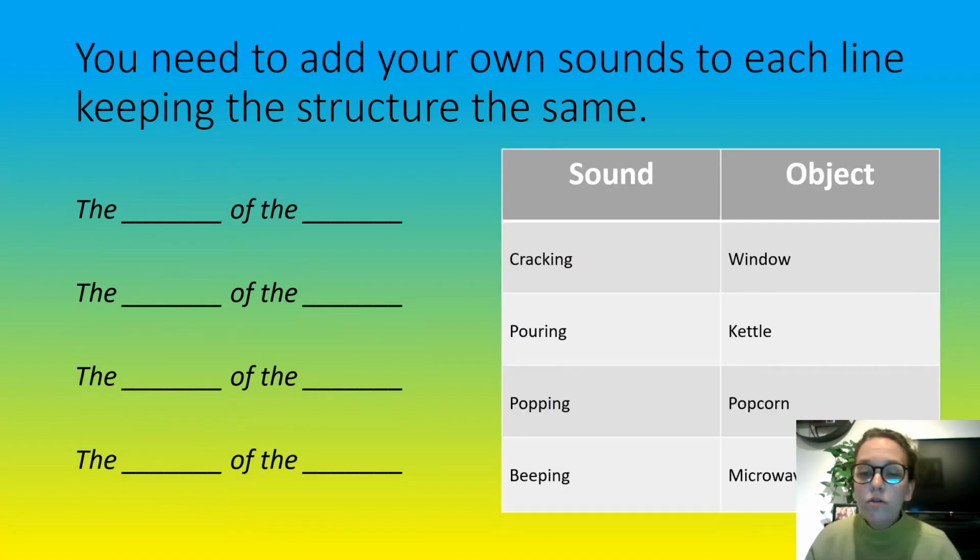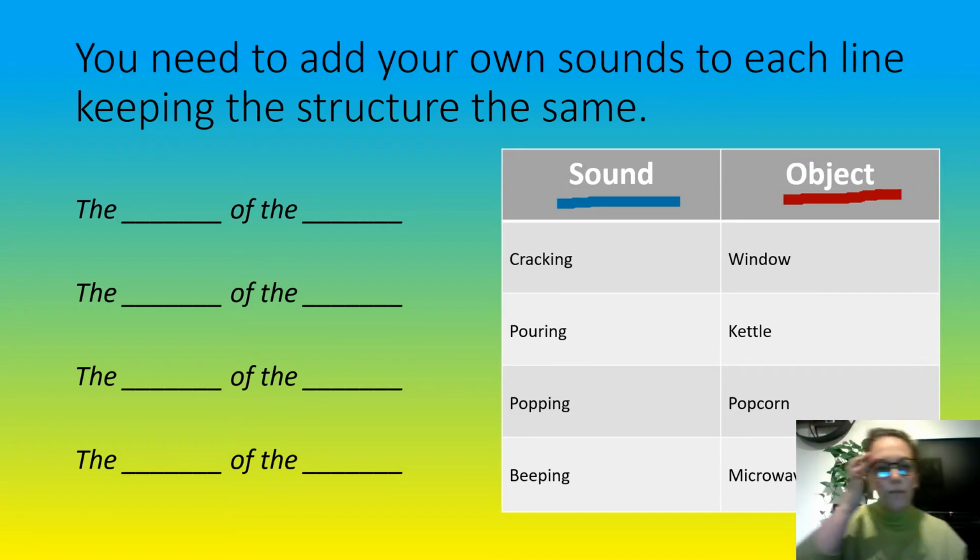So you need to have a look at the table you filled out yesterday. In this column here, you should have your sounds, and in this column here, you should have your objects. So I've got my sounds. I had a cracking window, a pouring kettle, popping popcorn, and a beeping microwave. And we're going to follow the specific structure of the poem, that every line to do with the sounds starts with the.